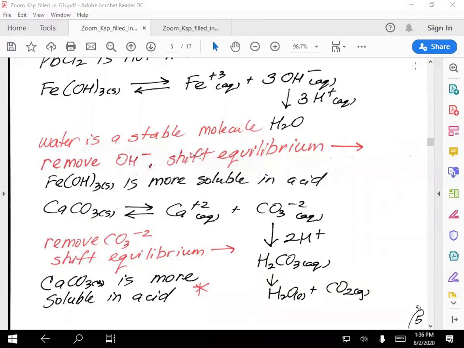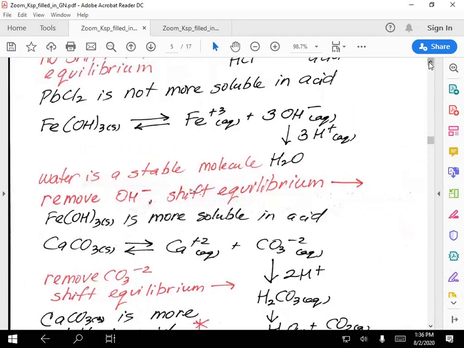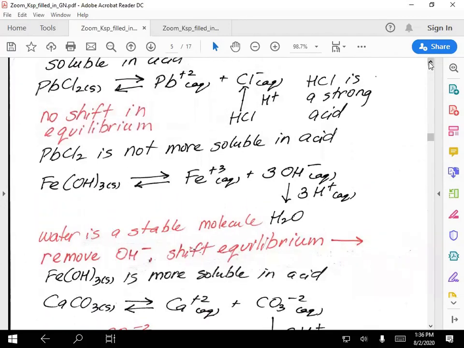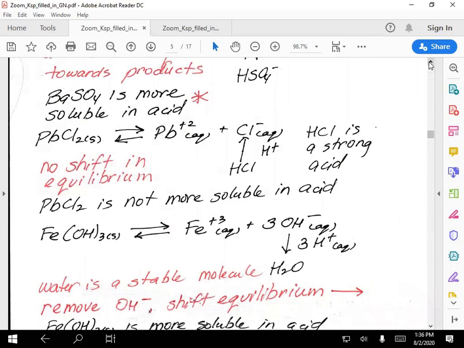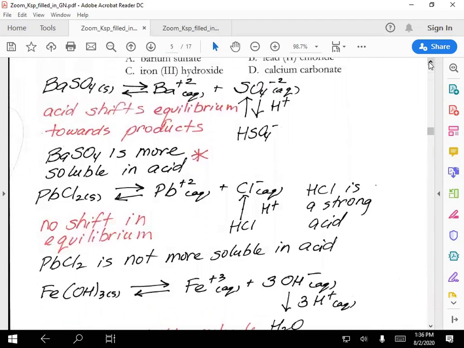So we have 3 different examples that were more soluble in acid. So if we have an equilibrium, such as this example with a weak acid, we will remove product.